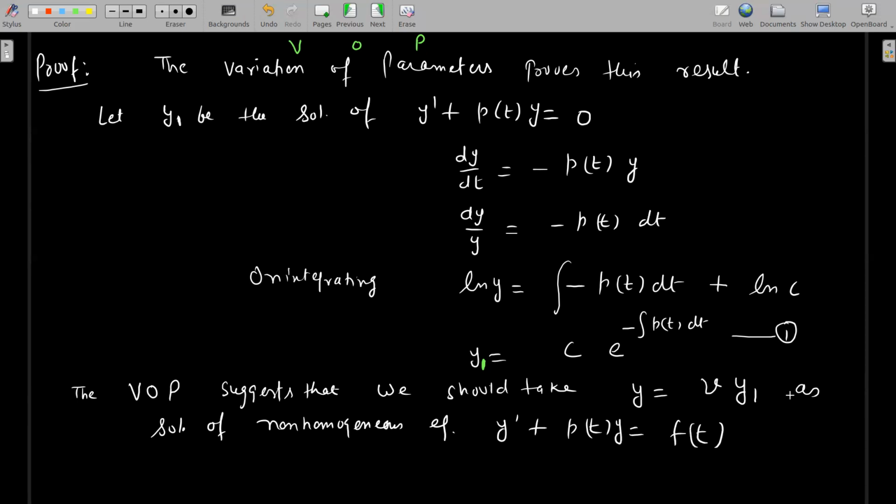Okay, so firstly write the solution of homogeneous, say y1, and what we take as solution of non-homogeneous is unknown function times y1.